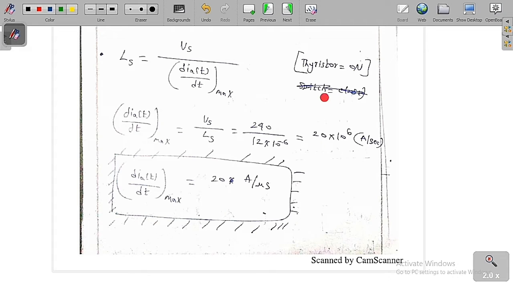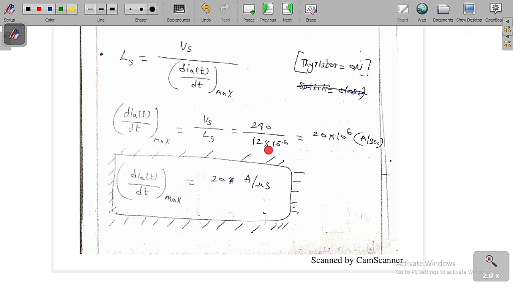So Vs is equal to Ls into dIA/dt maximum value. So dIA/dt max is equal to Vs by Ls. Vs is equal to 240 volt and Ls is equal to 12 microhenry.